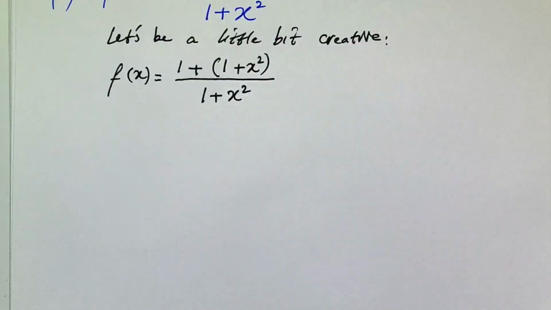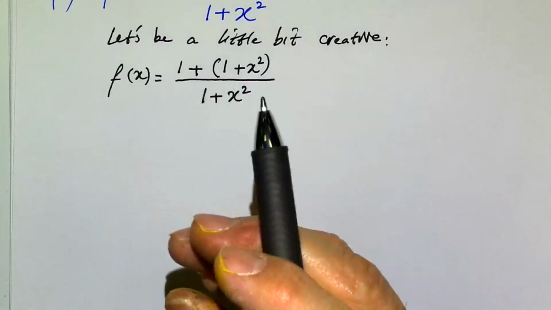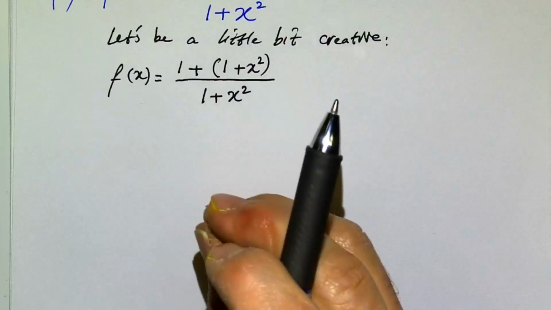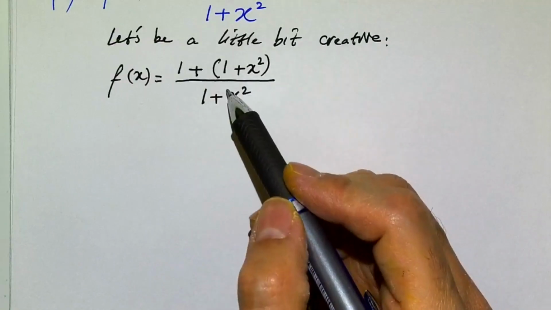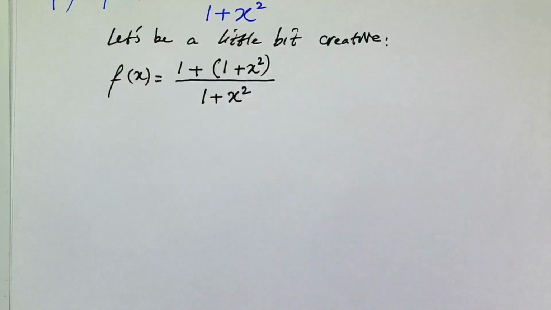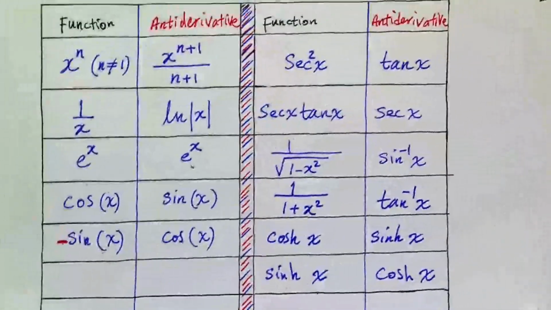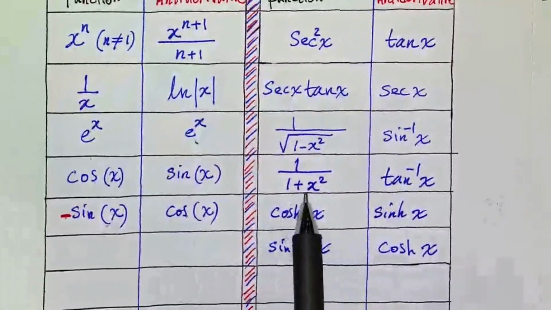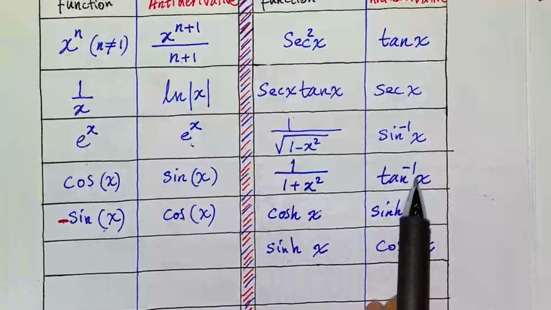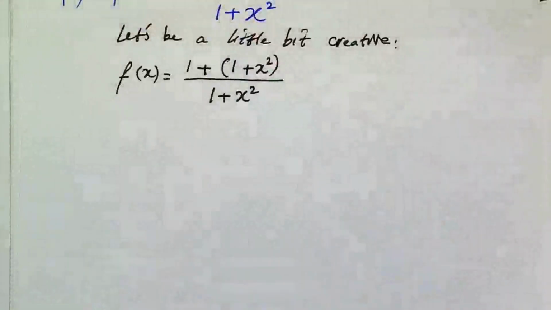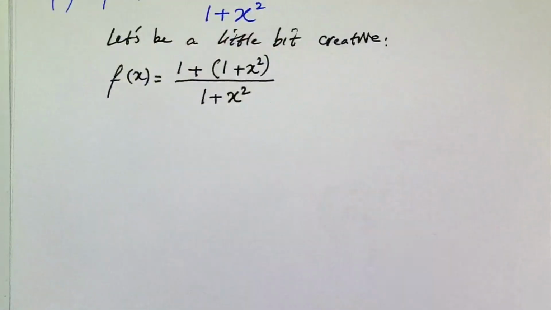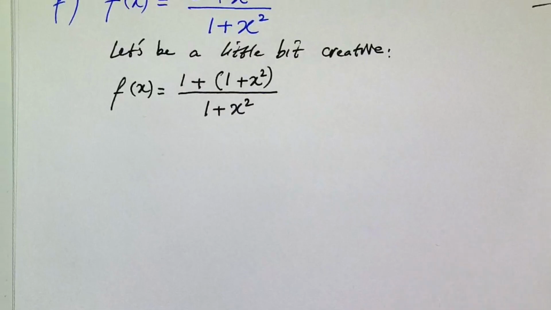All through algebra, we always said take the common denominator. But now we want to go the other way around. Instead of having a common denominator, we want to separate these terms so that we get a term that looks like this. Because if we have something like this, then the antiderivative is just inverse tangent.